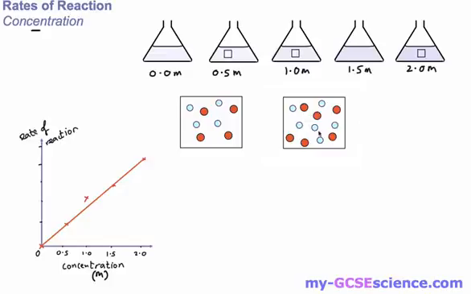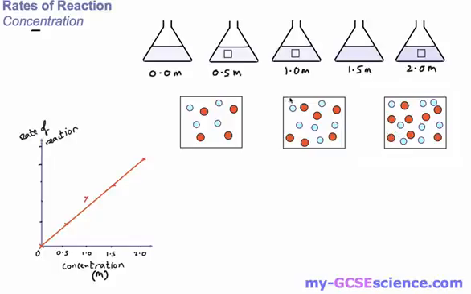In the second one we have more, and in the third one we have more still. So as you can imagine, this might increase the rate of collisions between the particles, and if you're explaining how increasing concentration increases the rate of reaction, you should bear this sort of diagram in mind. Remember, it's the same amount of volume, it's a higher number of particles in a given amount of volume.